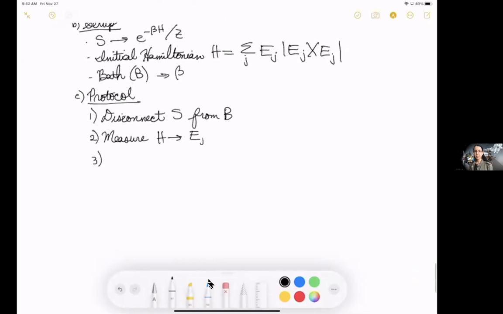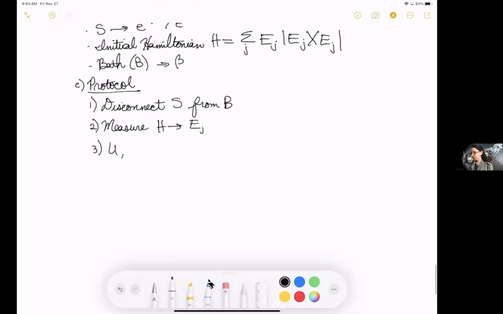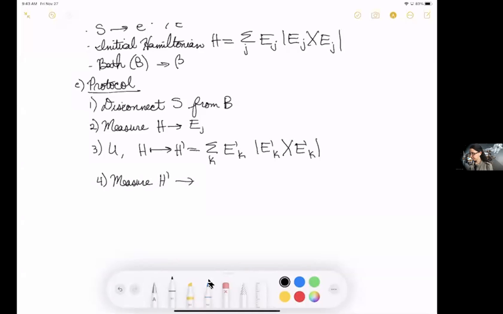We evolve the system with a unitary U, while the Hamiltonian changes to a Hamiltonian H prime, which has this eigendecomposition. Then we measure the energy again. But now we're measuring a new Hamiltonian. We receive some outcome. Let's say it's the kth.